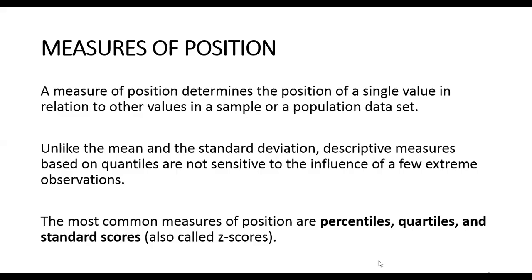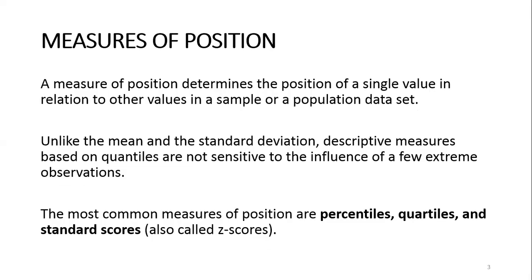We have the minimum, the first quartile, the median, which is the second quartile, the third quartile, and the maximum. That one is based on measures of position. That's a plot based on measures of position.